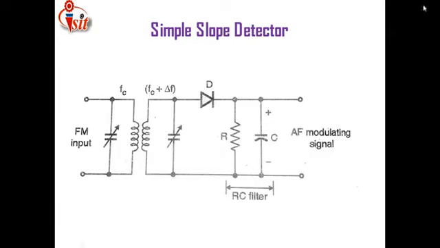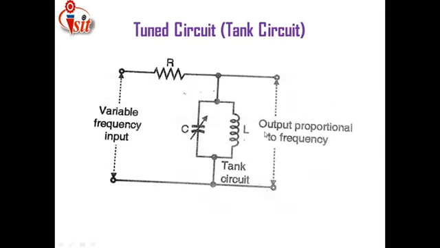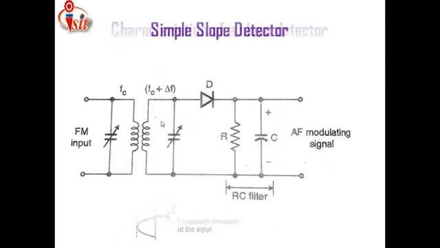This is the circuit diagram related to the slope detector. The slope detector construction again depends on the diode structure. Whatever output is produced by the tank circuit, which is proportional to the frequency, we apply towards the simple slope detector.